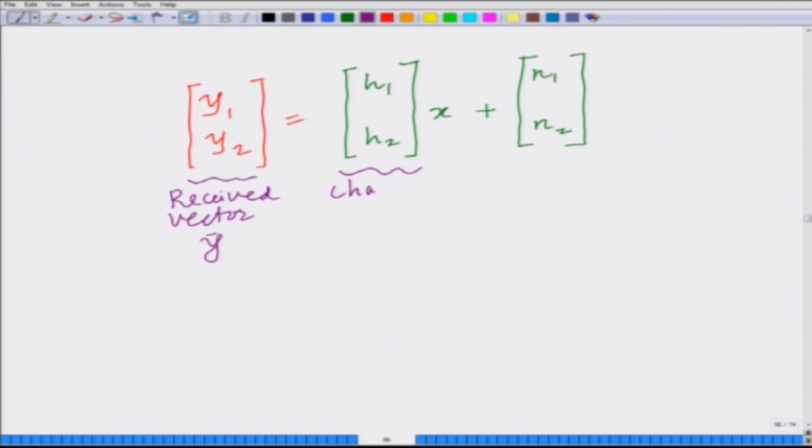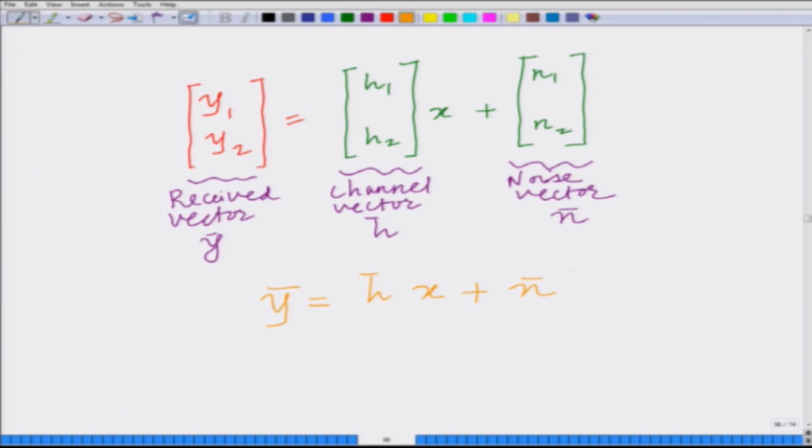This is the channel vector which consists of fading coefficients h1, h2, so this can be denoted by h bar, and this is the noise vector which can be denoted by n bar. Therefore, I can represent this system as y bar equals h bar x plus n bar.